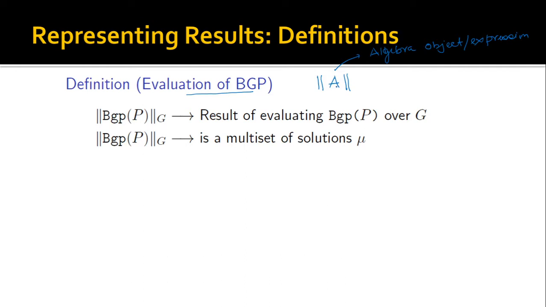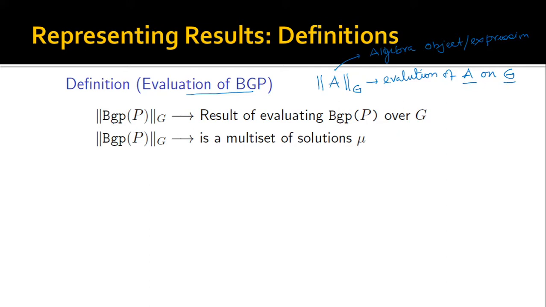And what we are doing, we are trying to evaluate this algebra object with respect to one graph, which is basically the graph you are querying, right? So this is what we call evaluation of A on G. So we are evaluating this algebra object on the graph G, right?